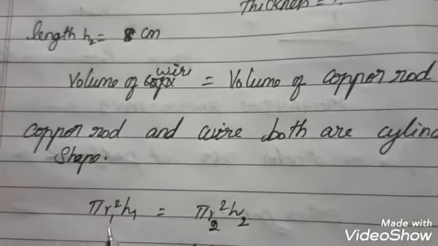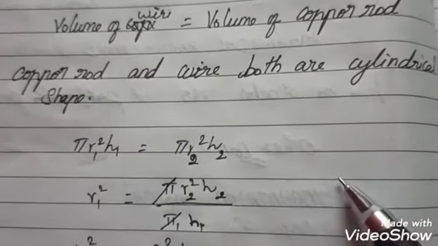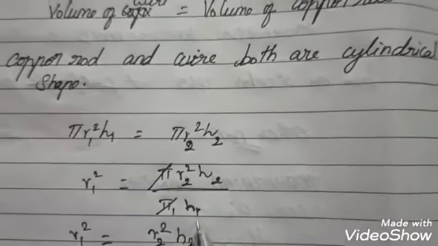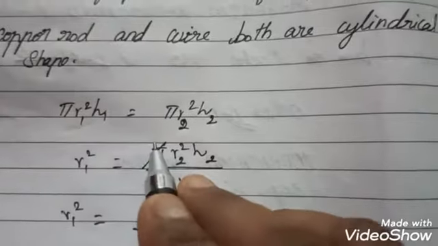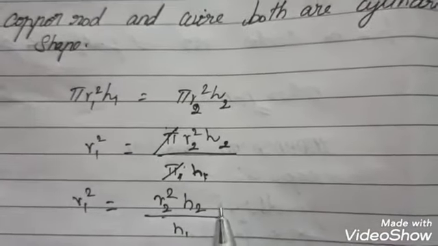We need to find R1 square, so I take the rest to the right hand side: pi R2 square H2 divided by pi H1. So pi will get cancelled, remaining R1 square equals R2 square H2 divided by H1.